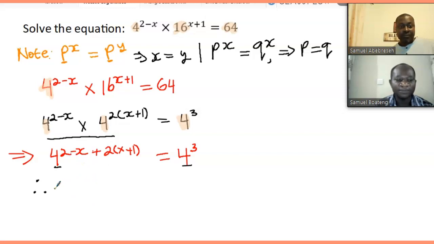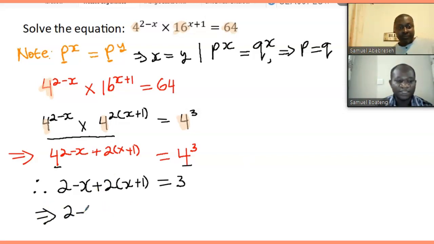So this implies that 2 minus x plus 2 bracket x plus 1 is equal to 3. This is a simple linear equation. We can expand. This implies that 2 minus x plus 2x plus 2 is equal to 3.